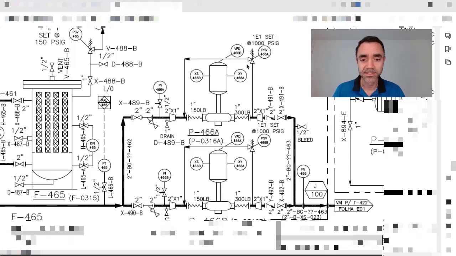Besides that, you can see here some different instrumentation for the motor, and in this case we have a VFD. What is a VFD? A VFD is a variable speed drive. It means that this pump here will not have a fixed volume or fixed rotation.